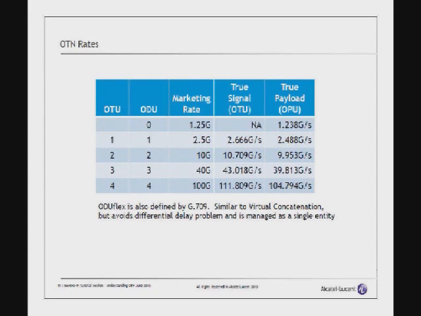But really the distinction is in the OTU, what is put out on the physical wavelength, and then ODU is what's the data unit that is underlying what's out on the physical wavelength. And then what the true signal rates are, and that includes the overhead for the OTU, and then what the payload rates are within each of the generic rates.